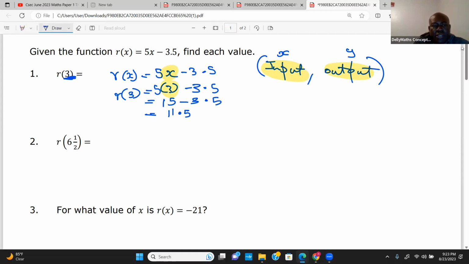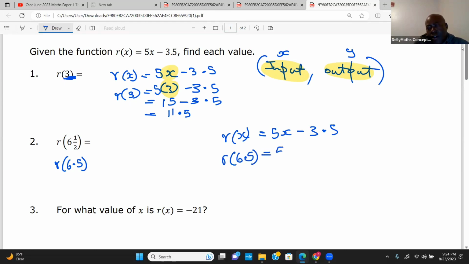Let's move forward. We're going to do r of 6.5. Well, it depends on how you want to see this. So the r function is as follows. It says r of x is equal to 5x minus 3.5. What we're going to do here is find r of 6.5, so 5 times 6.5 minus 3.5.